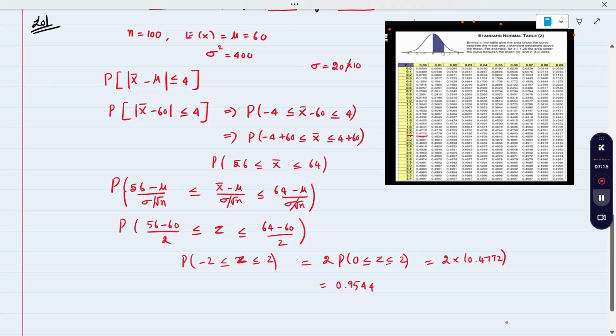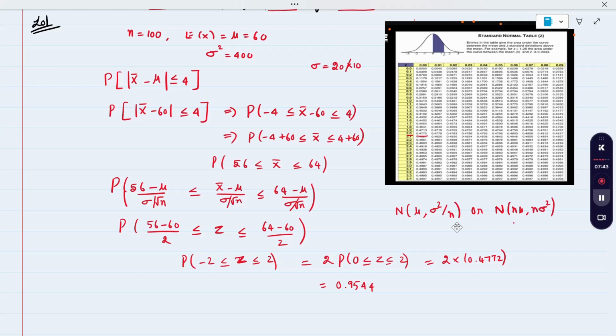Don't forget sigma. What is the formula? The sample mean follows a normal distribution with mu, comma, sigma squared by n. This is one format. Or I can follow it as a normal distribution with n mu, comma, n sigma squared for Sn.